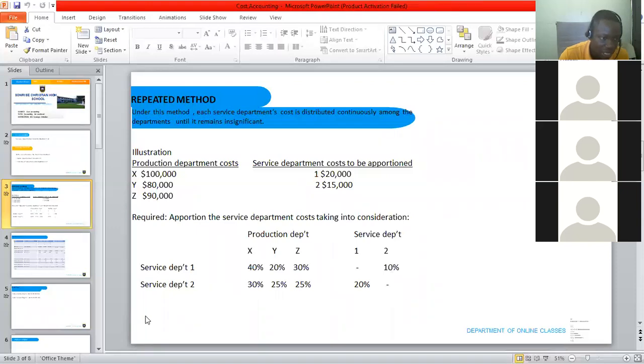For service department two, which costs 15,000, we are going to use 30%, 25%, 25%, and then 20%. For this kind of question, everything will be given to you. Yours is just to use the percentages to do the calculation. It's as simple as that.